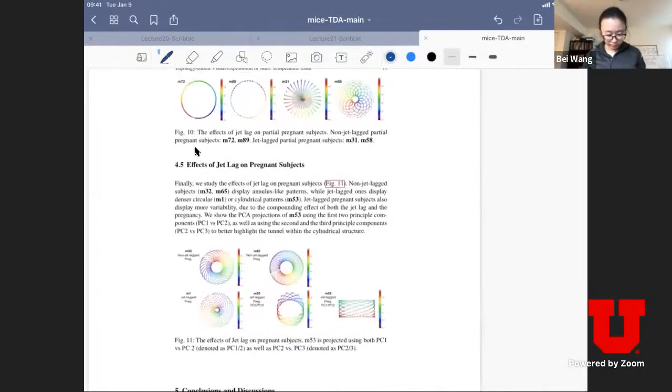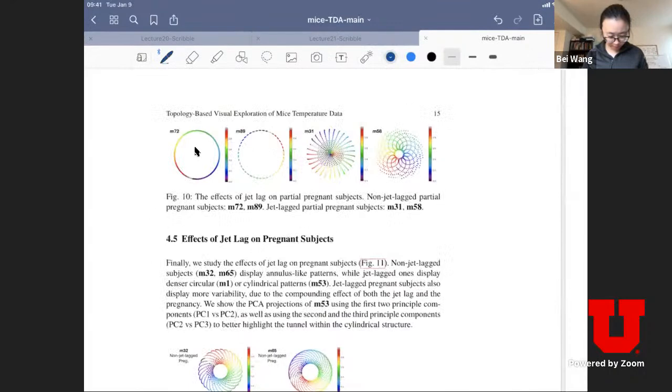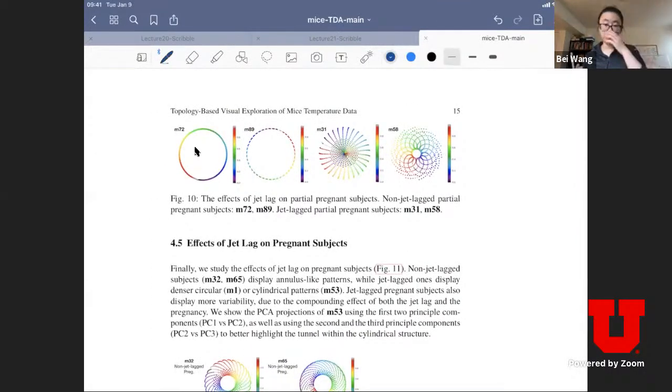And then finally, among the mouse subjects, there's also what's called partial pregnancy. For some of those subjects, they were initially pregnant, but their pregnancy did not come to term. So that's what's called partial pregnancy. And you can also see the difference for mice who are partially pregnant.